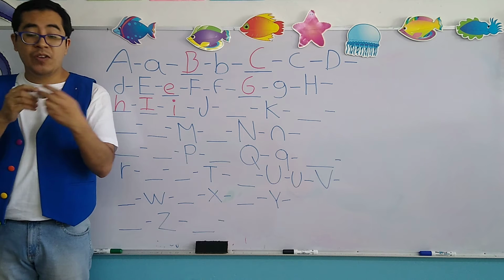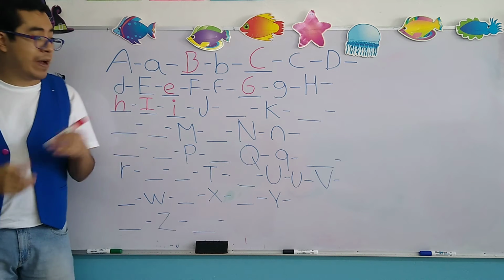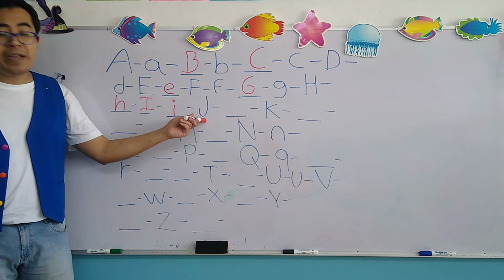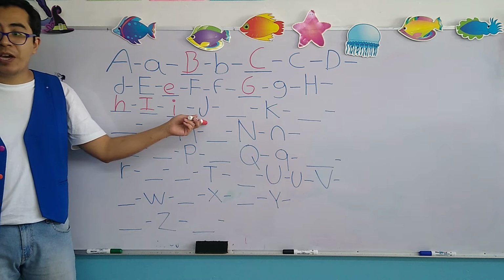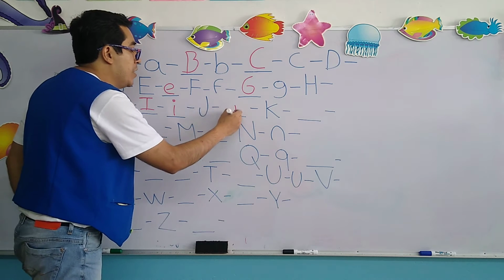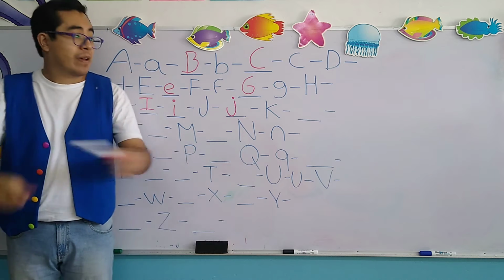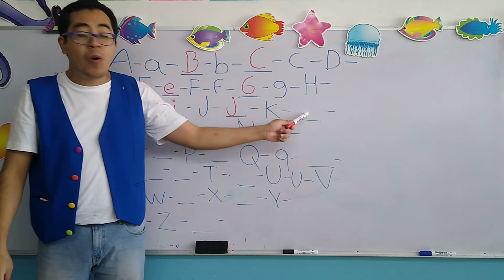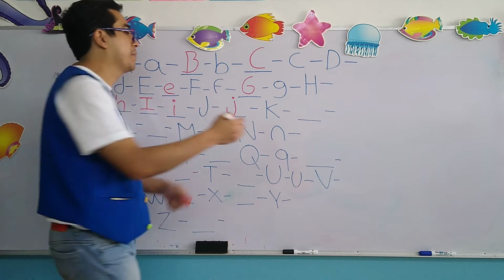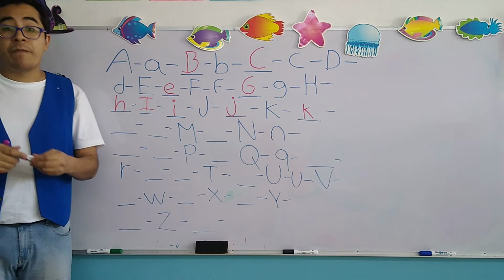Remember, this letter is for Indian, for igloo, for Irma. Capital J, like the Jacob, like the teacher Jacob, small j, of jeans, of jacket. Capital K, small k. Remember, this is the letter of Carla, okay, of key.